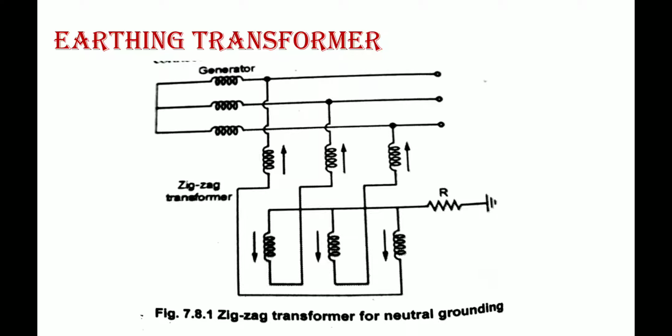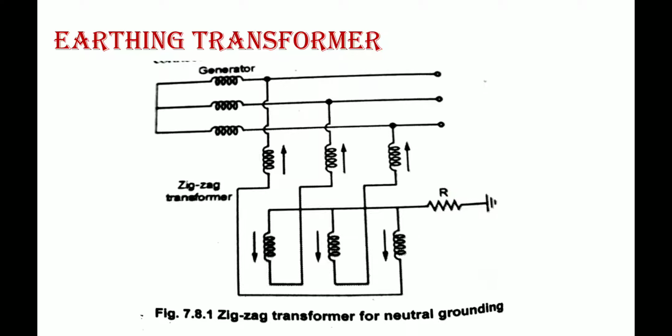If the impedance is low, that is the reason a resistance is connected here. For what purpose is the resistance connected? In order to limit the fault current itself. Getting my point? So under fault condition the impedance of this grounding transformer will be very low, so in order to limit that fault current, a resistance is connected in series with the neutral grounding here.